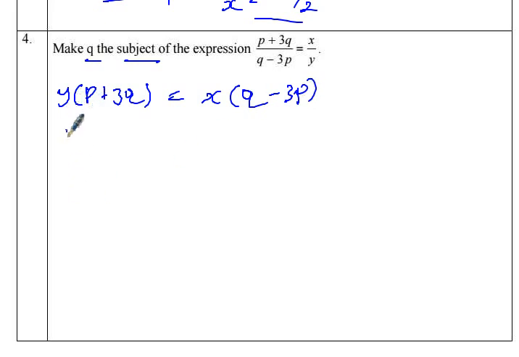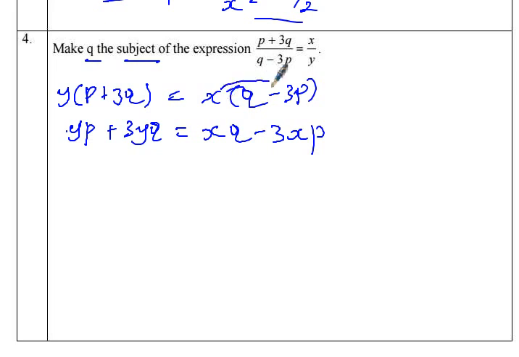After that, we can open brackets: yp plus 3yq is equal to xq minus 3xp. I multiply this by this, and then I also multiply it by that. Opening brackets, fine.